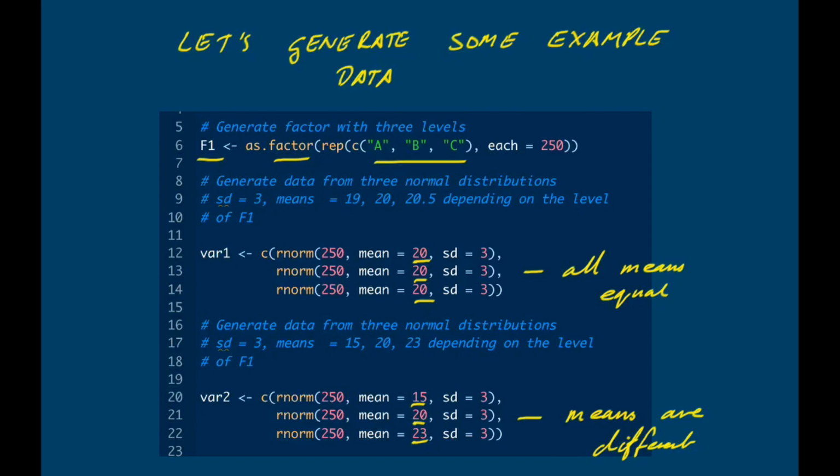So the means of the groups are different in variable 2, but not in variable 1. The other point to notice is that all of these data are drawn from distributions with the same standard deviation and therefore the same variance. So each group in our two variables is drawn from a distribution with a standard deviation of 3.